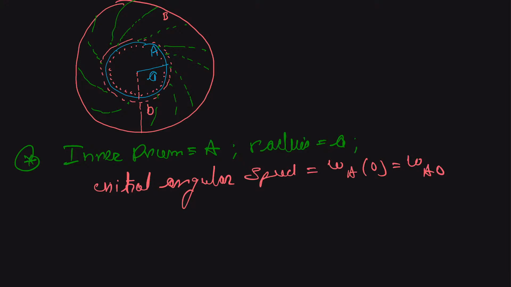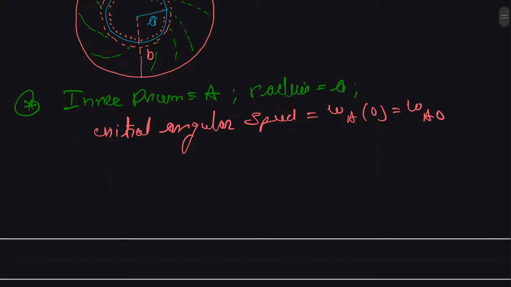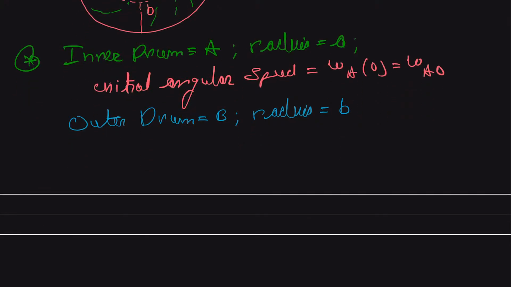Okay. And then we have our outer drum, and this outer drum is our B. Its radius is given as b, okay, and initially it is at rest.